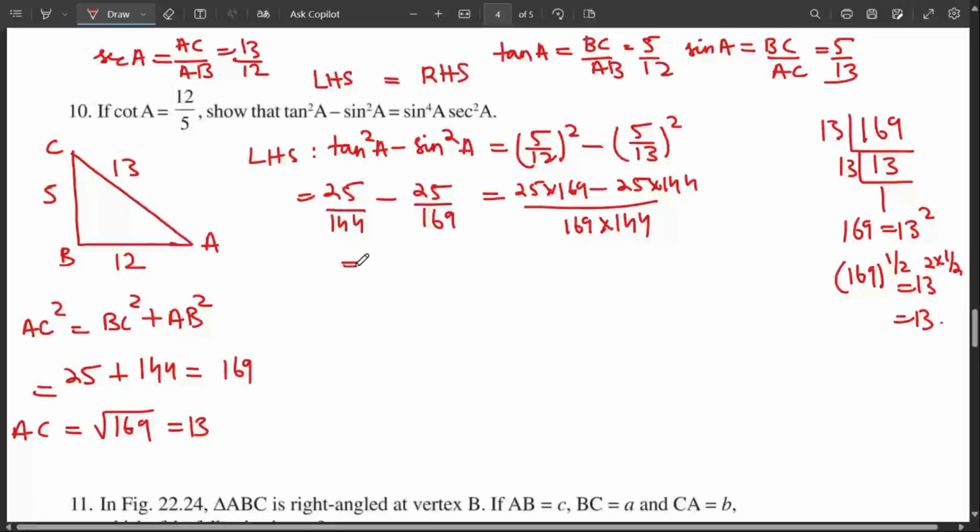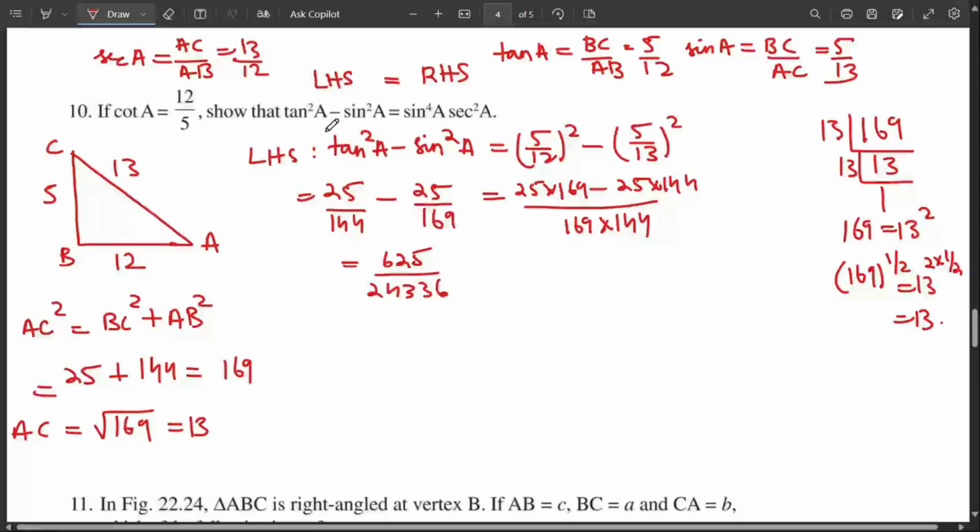So in the numerator, the answer that you will get is 625 divided by 169 into 144, which is equal to 24336. So if you get the same fraction on the RHS, then LHS will be equal to RHS.